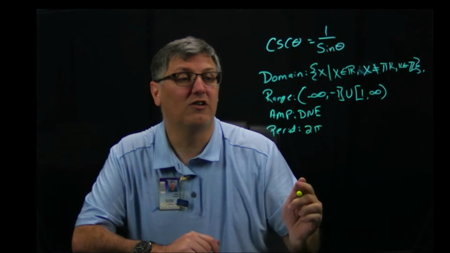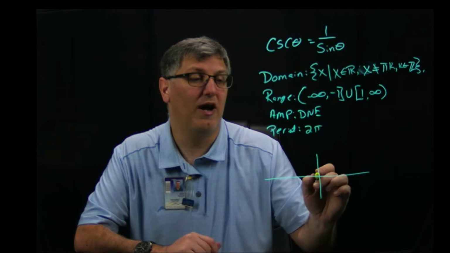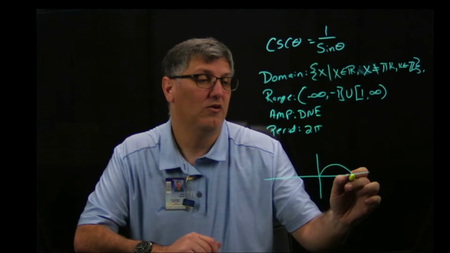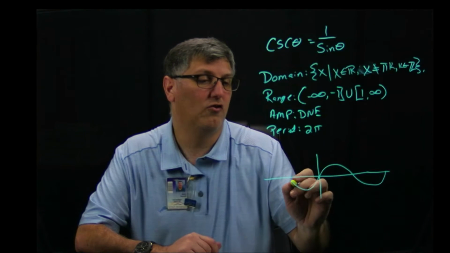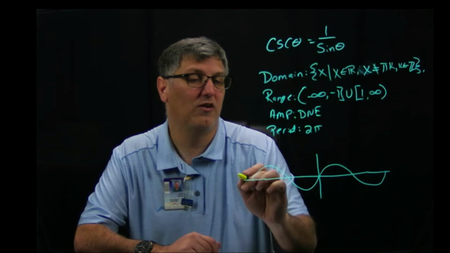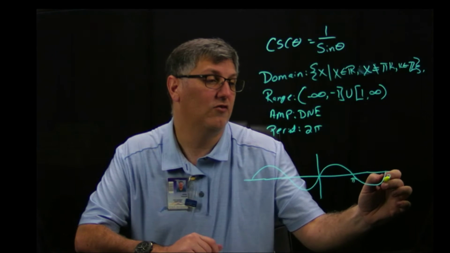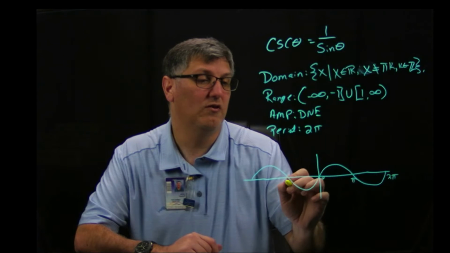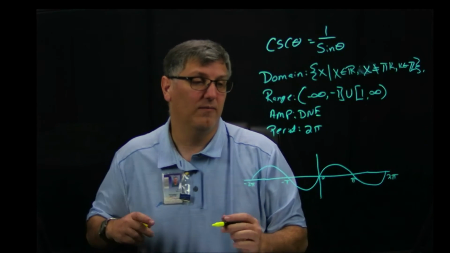So let's take a look at the graph of what it actually looks like. What I'm going to start with is I'm going to graph a sine wave. So this is kind of what sine looks like over 2 periods, one in the positive direction, one in the negative direction. This is going to be pi, this is 2 pi, this is 0, this is negative pi, and negative 2 pi. Okay.